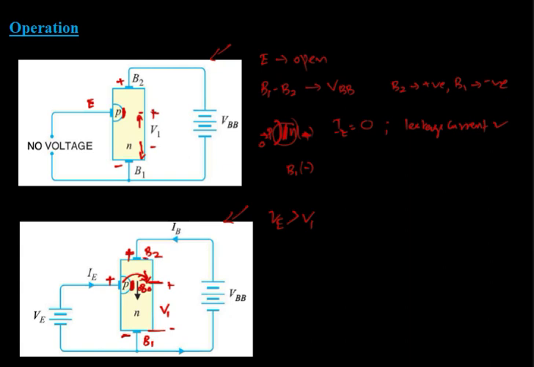Since this end is positive and this end is negative, these holes are repelled by B2 and attracted towards B1, and the holes will flow from the emitter region to the base B1, which will decrease the resistance of this section of the bar, that is between the emitter and B1. This allows a very high emitter current IE to flow through the bar from the emitter region to the base B1.